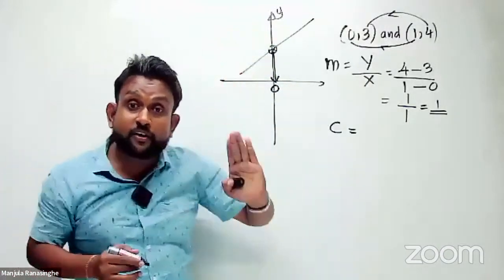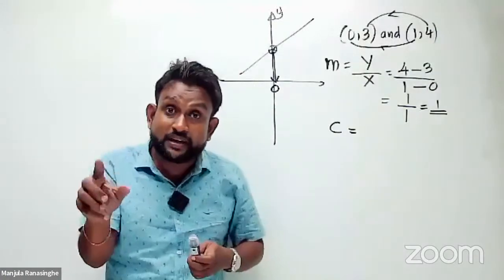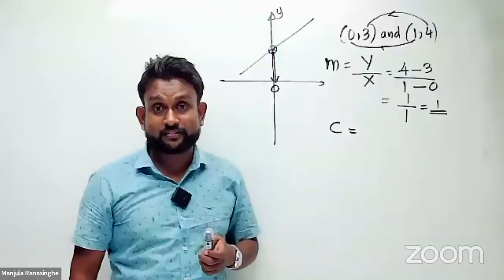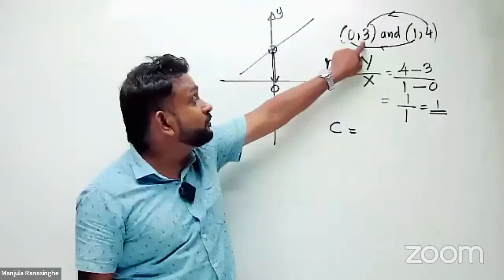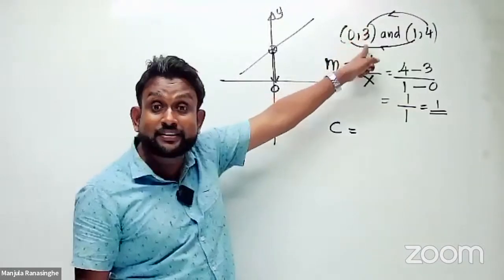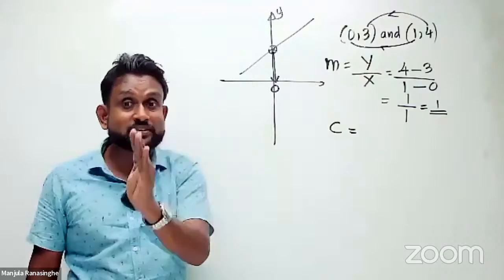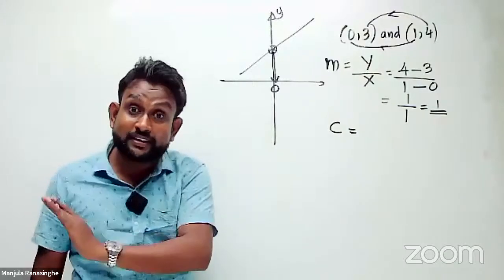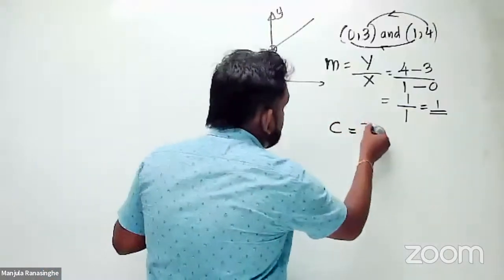So if a graph passes through a point like (0, something), that point lies on the y-axis. That means in (0, 3), 3 is the y-cutting value. So always remember, when you see (0, something), that something is the intercept. Okay, then c is 3.